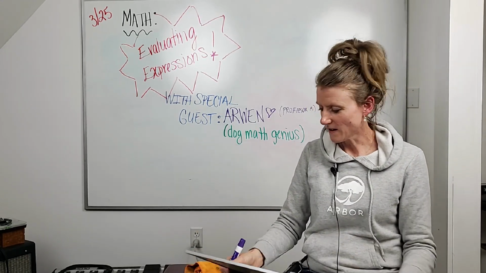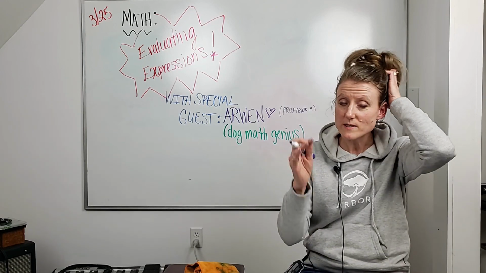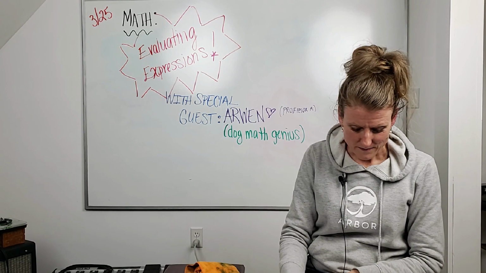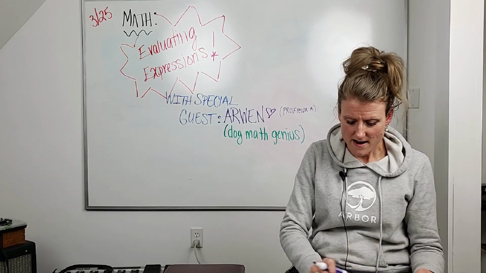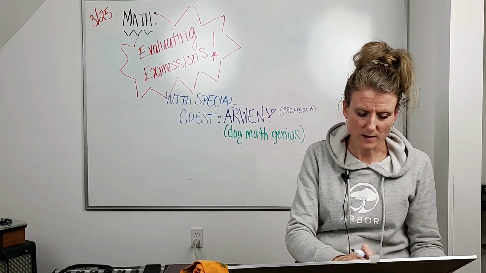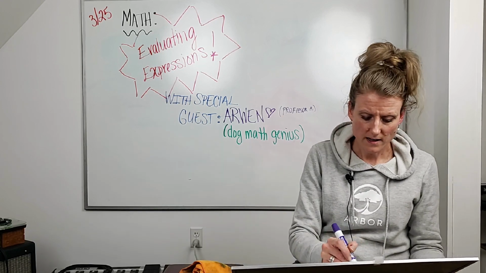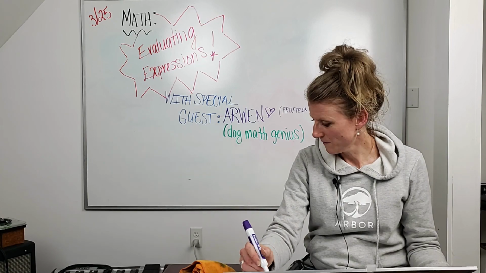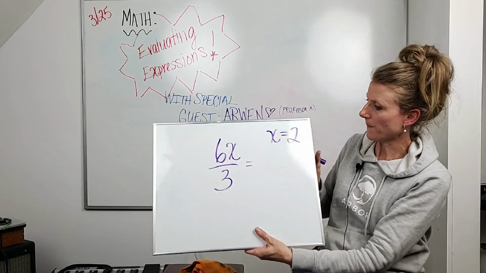All right, guys, so the last one that I'd like to do is a combo of multiplication on top with division on the bottom. So let's try, switch this up a bit. Let's try a 6x over 3, and I'm going to make the x value a 2 for you.